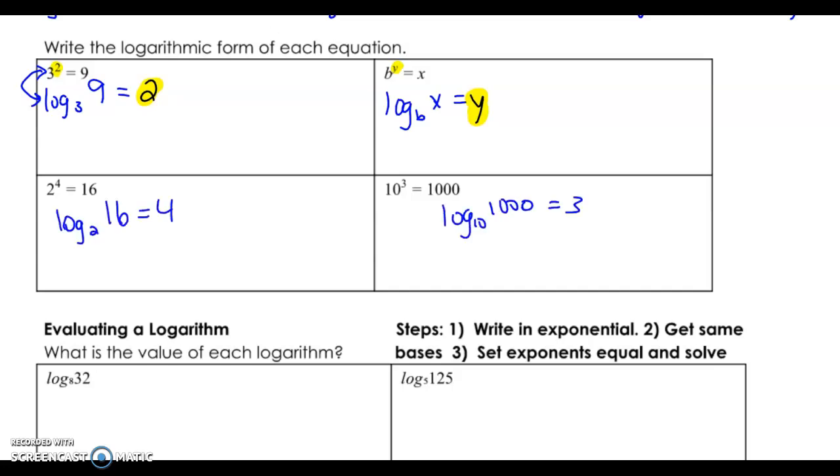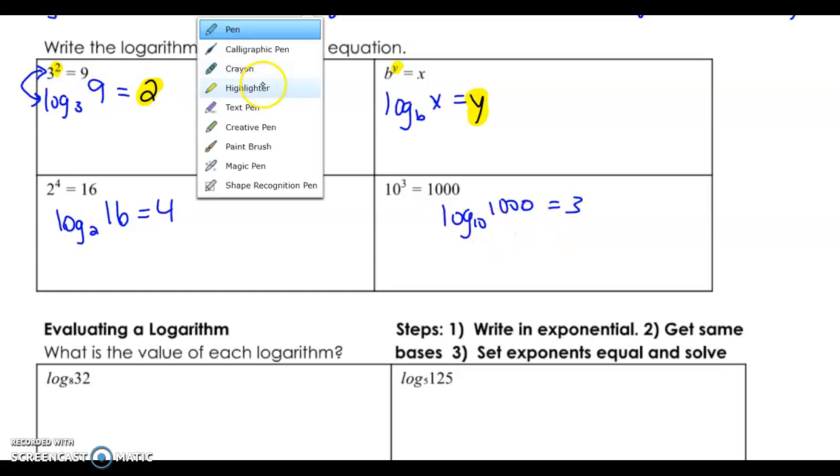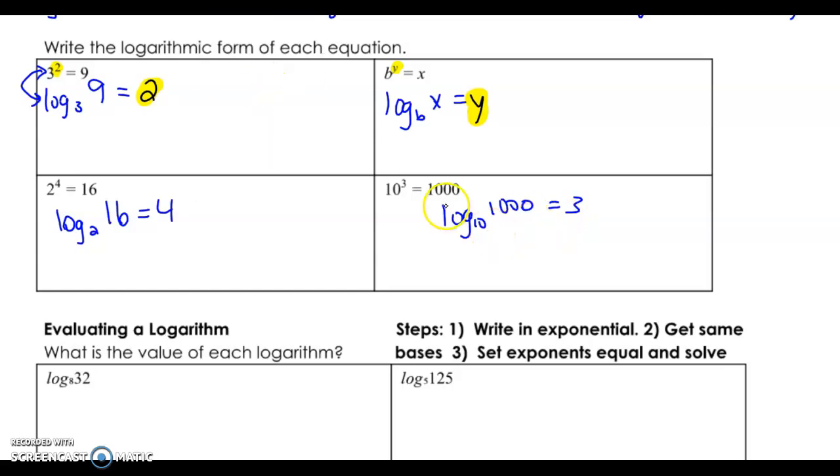Try the last two. Log base 2 of 16 is 4. Log base 10 of 1000 is 3. Now this is the one you can do on your calculator. If you want to grab your calculator real quick and type this in, on your calculator it will not say base 10. When you have logarithm written by itself, that's assuming it's base 10, similar to when you have a square root, we don't write the little 2 out there.